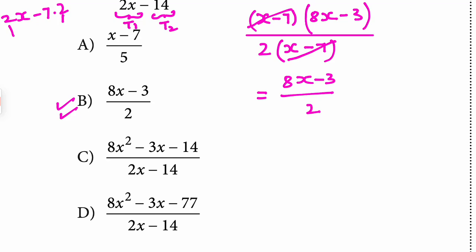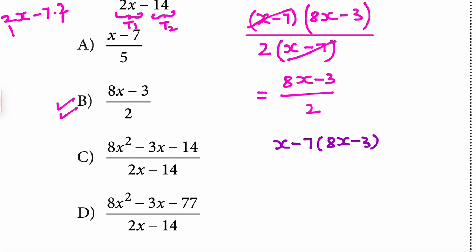We have solved it definitely, but I just want to clear one or two concepts. For example, let's see the first step. Here we have (x − 7) and (8x − 3). I made one mistake over here: I have to put x − 7 in parentheses. If I do not, I am just multiplying 7 with the 8x and 3, not x.